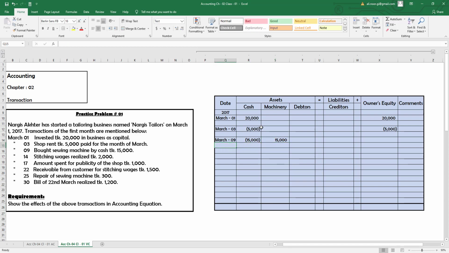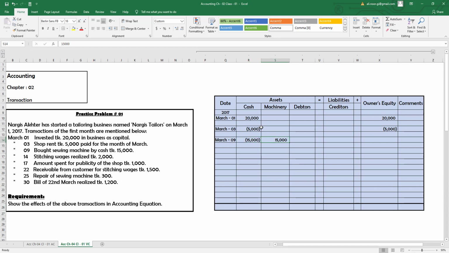Okay, I would like to say that you should remember every transaction will influence any two of the elements of the accounting equation, and you will never find any transaction that will influence all the elements of the accounting equation at a time.